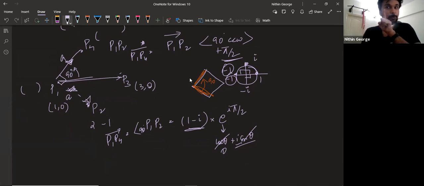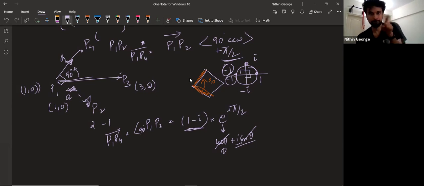The magnitude was root 2. But then P1 is not the origin. P1 is the point 1, 0. That is where I'm starting from, not from 0, 0. So starting from 0, 0, what you said was absolutely right. Take root 2 and simply multiply by e power i into the angle. What he said was correct. But here it's 1, 0. That's why I'm explicitly stating the case here.